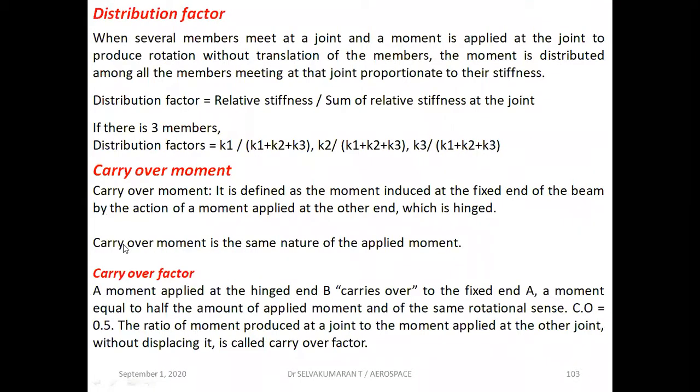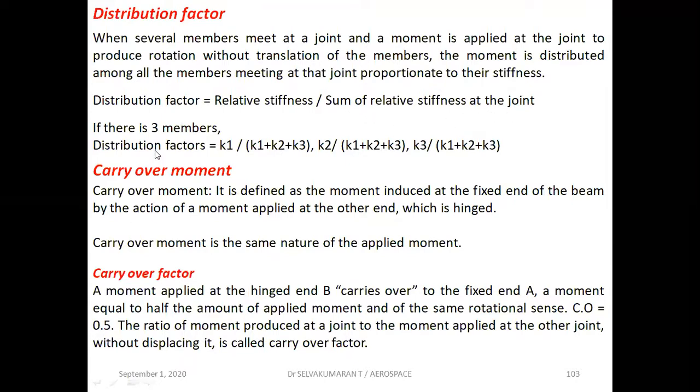Then what is the distribution factor? When several members meet at a joint and a moment is applied at the joint to produce rotation without translation of the members, the moment is distributed among all the members meeting at that point proportionate to their stiffness. Distribution factor is equal to relative stiffness divided by the sum of relative stiffness at the joint.